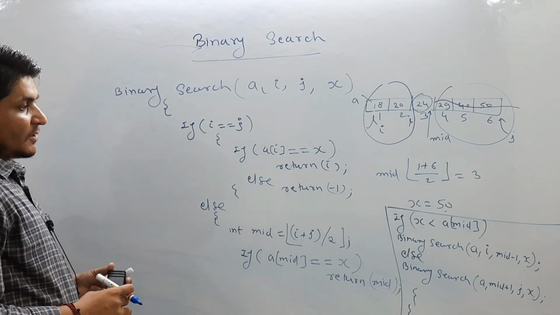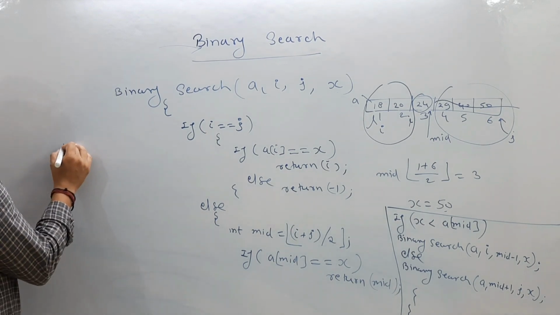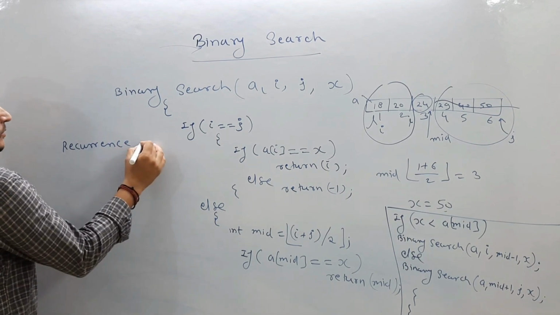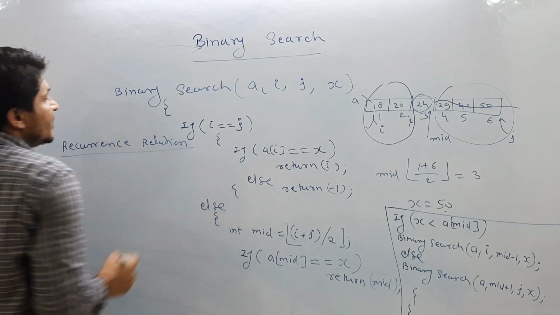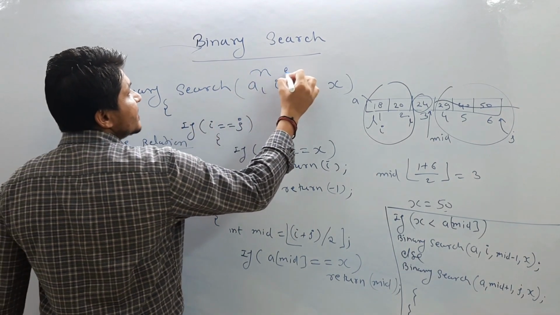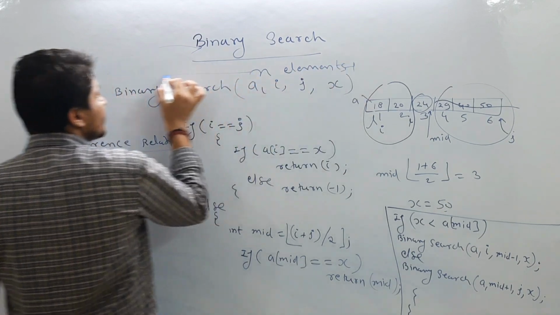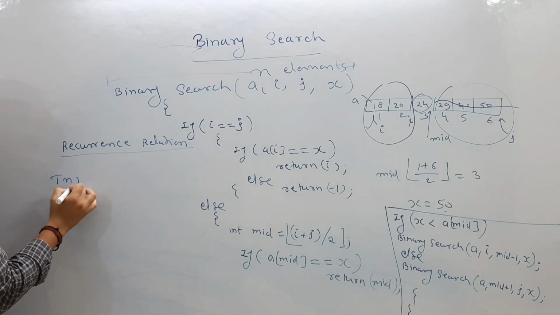Now let us discuss the recurrence relation of this binary search. Let's suppose initially we have an n elements problem, and let us assume we can solve it in t of n time.